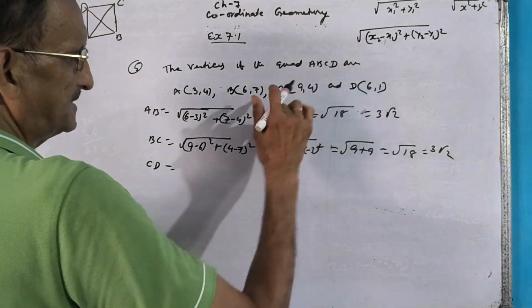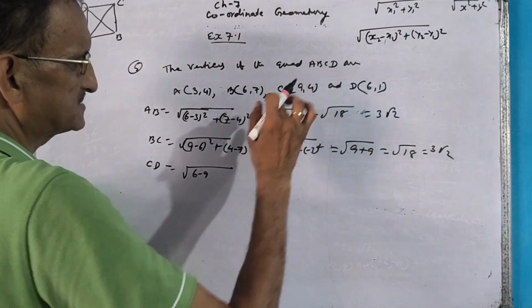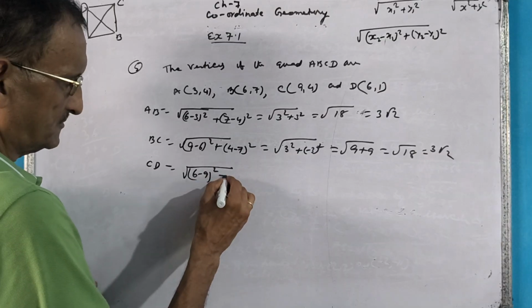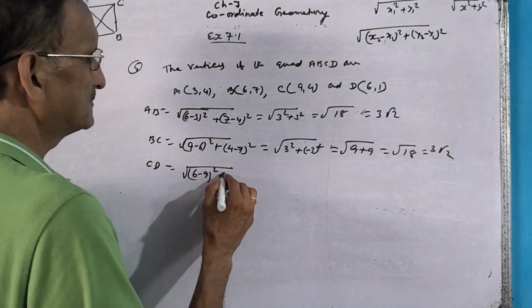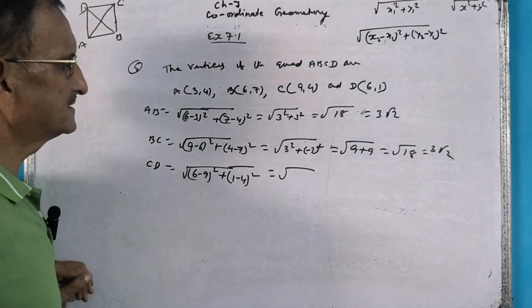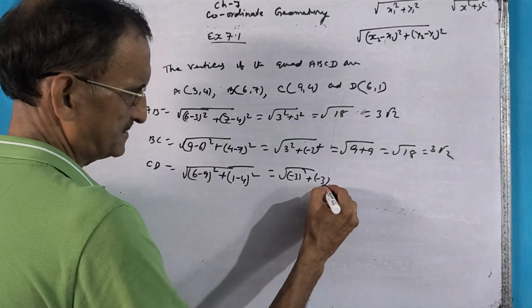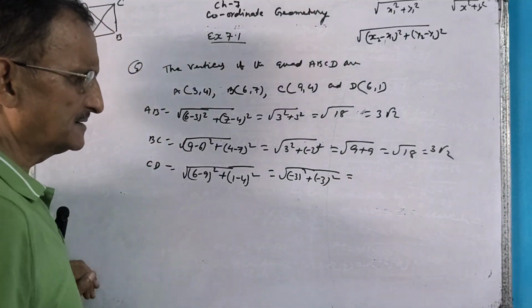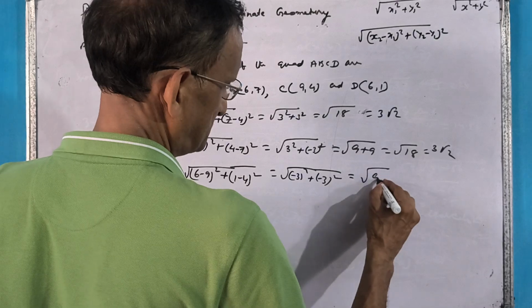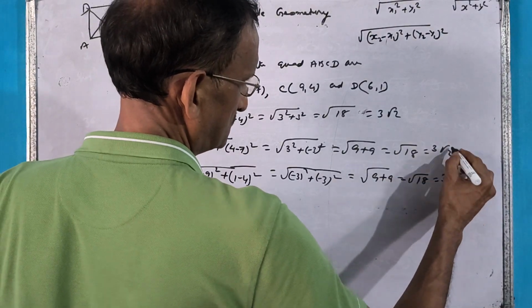CD equals square root of (6 minus 9) whole square, that is (x2 minus x1) whole square plus (y2 minus y1) whole square, (1 minus 4) whole square. How much will you get? Minus 3 plus minus 3 whole square. In case of a square, the negative sign will be plus only. This is 9 plus 9, root 18, equal to 3 root 2. Okay.